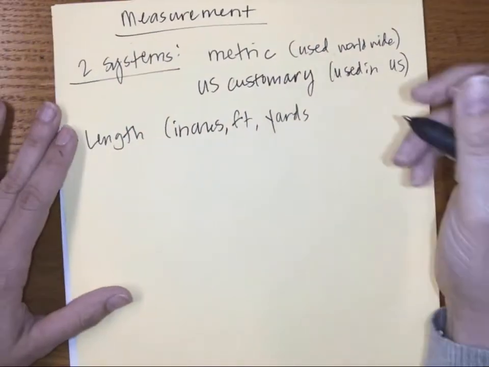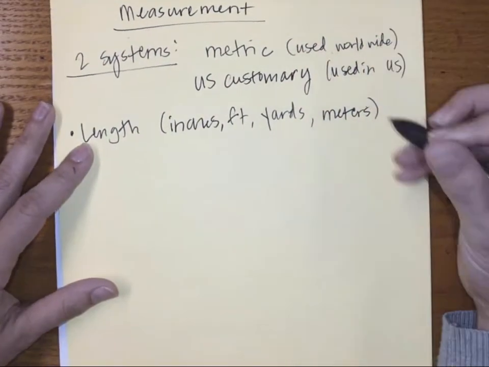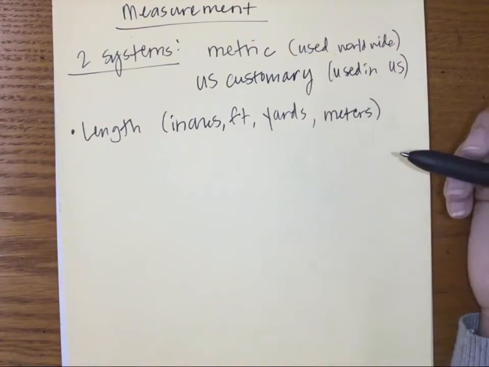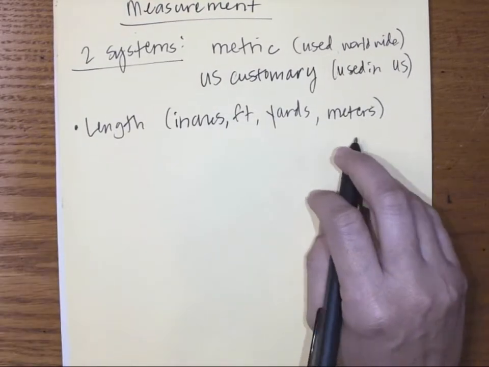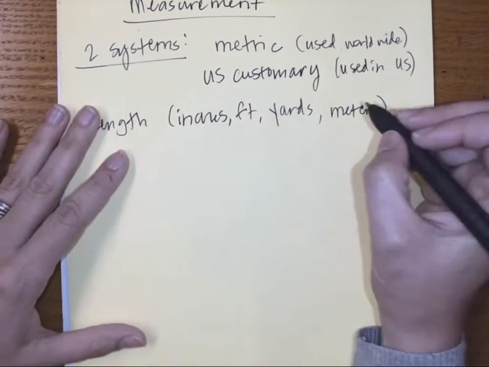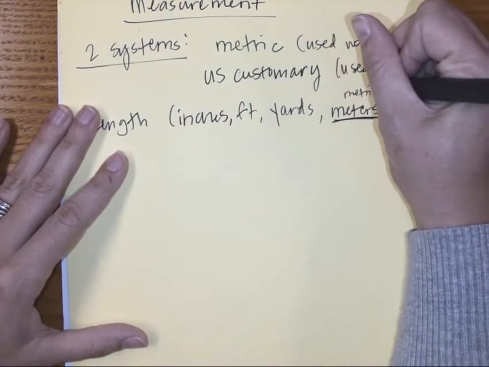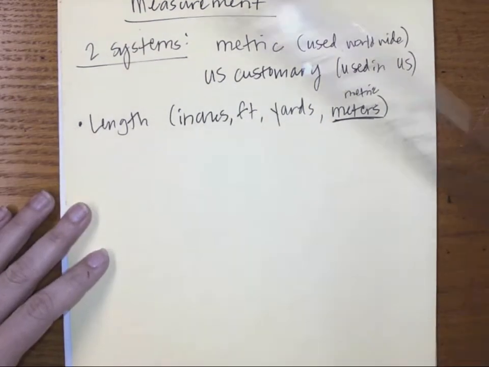For the metric system, when you measure length, you're measuring in meters. And there are different ways to measure in meters: meters, centimeters, millimeters, decameters, decimeters, and we'll talk about that later. But all length in the metric system is measured in meters. Length, height, width, anything that you can use a ruler to measure.